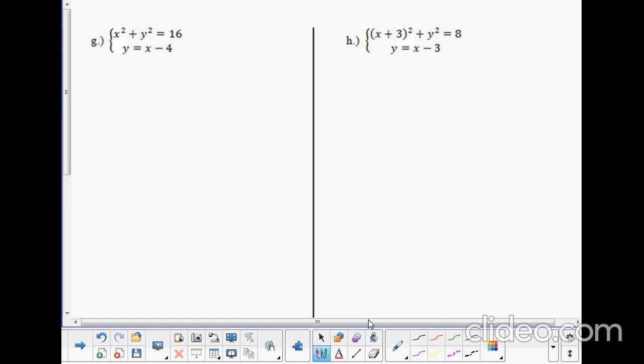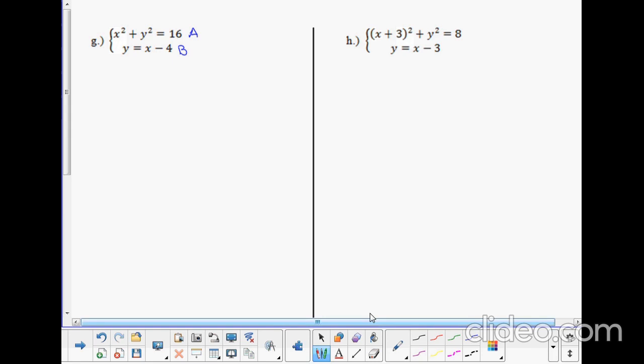So I'm going to label my two equations as A and B. Again, if I'm going to merely focus on solving algebraically, I would already be at a point where I'm prepared to substitute because B has isolated the variable y.